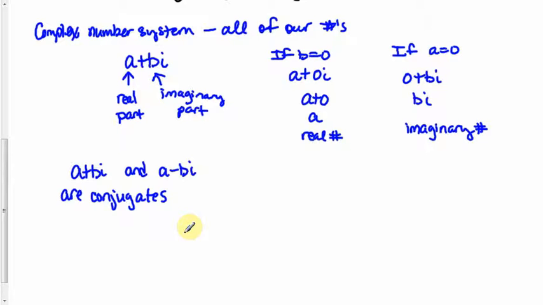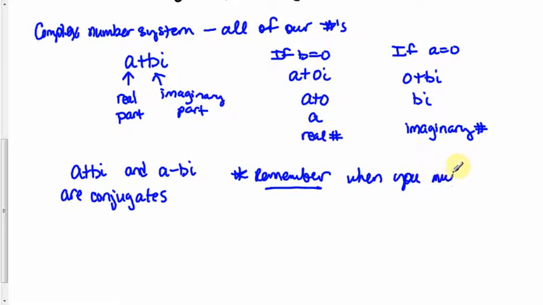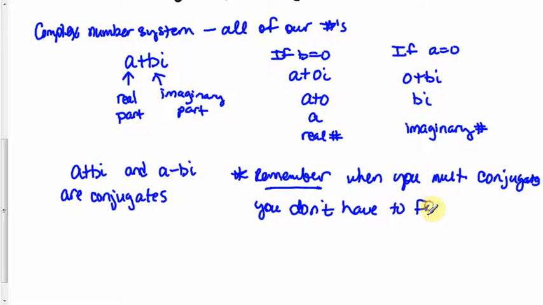And if you multiply conjugates, remember, when you multiply conjugates, you don't have to FOIL, because the O and the I parts of FOIL cancel out.